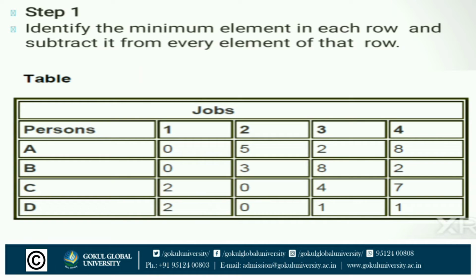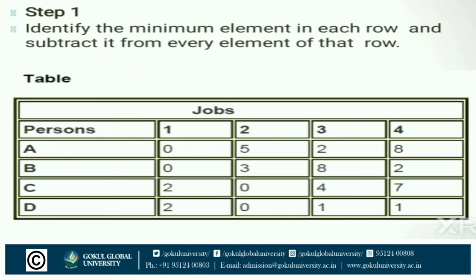Step number 1: identify the minimum element in each row and subtract it from every element. Then we get the following table, where persons and jobs are equal. The first row has a zero, and after subtracting, the remaining row is 0, 5, 2, 8. The second row has 0, 3, 8, 2.